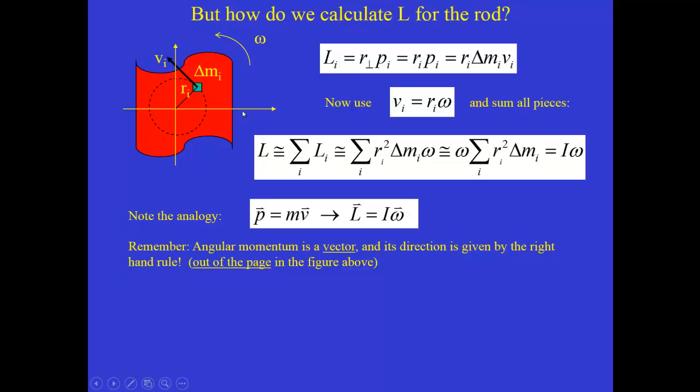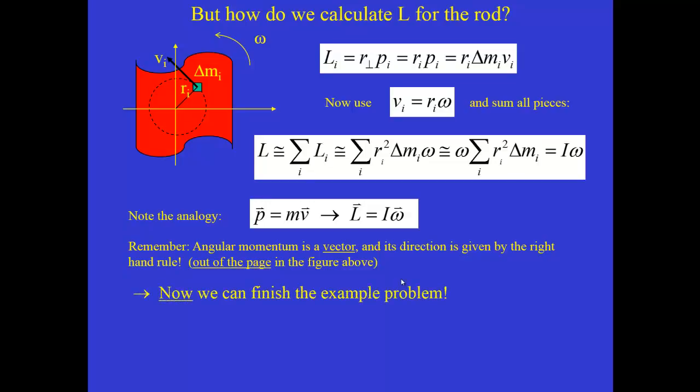In the sketch on this slide, since the rotation is in the counterclockwise direction, if I take the fingers of my right hand and curl them in that direction, my thumb points out of the board, or out of the slide, and that is the direction of omega, and it also turns out to be the direction of L. Right? So using the right hand rule, we can quantify the angular momentum as a vector and not just its magnitude.